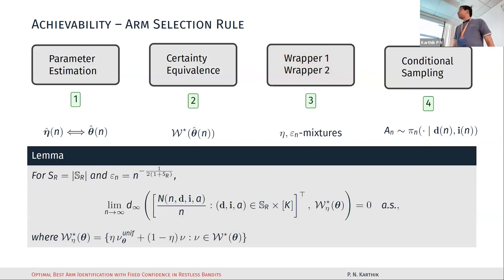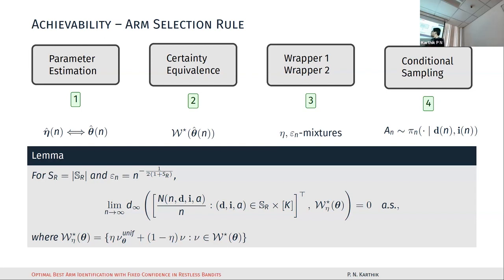And then for this policy, if you set this outer wrapper in a certain way so as to get some nice closed form expressions in some results, we are able to show that the key result for achievability, the empirical state action proportions, converge to this particular set W eta star.